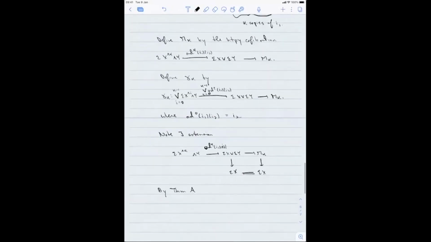And from theorem A, you end up getting a homotopy fibration that looks like: take mk and map it to suspension x as here. You can identify its fiber as this map gamma k.